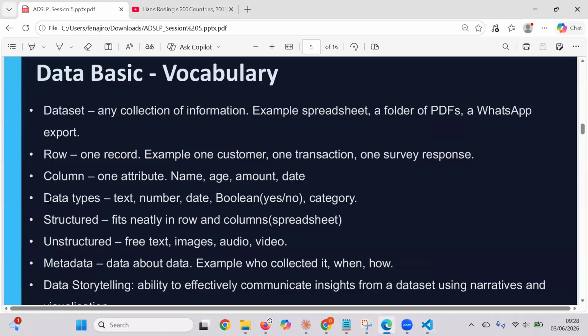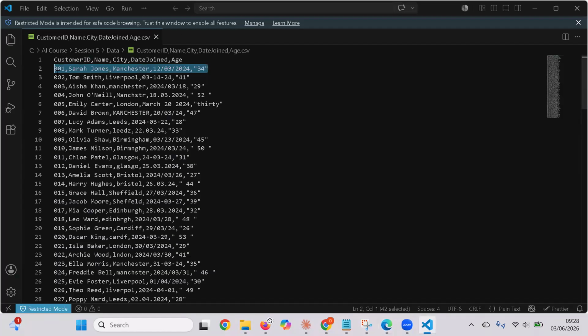Again, that brings us to the next thing we need to know about data vocabulary, which is data type. What type is the data? Is it a number? Is it a text? If we come back in here, 01 is a number, while Sarah is a text, Jones is a text, this is a date, and this too is a text.